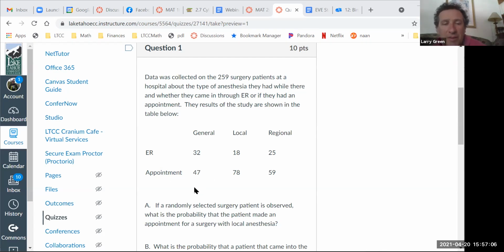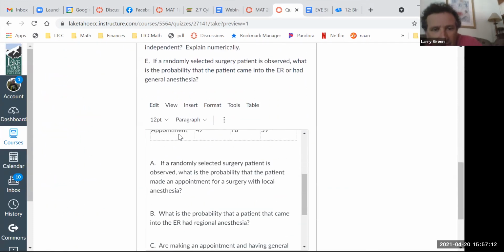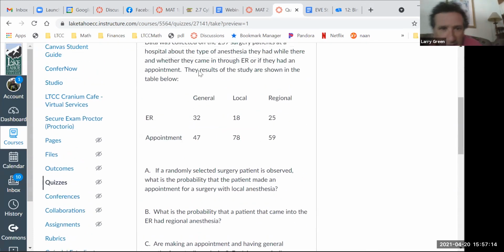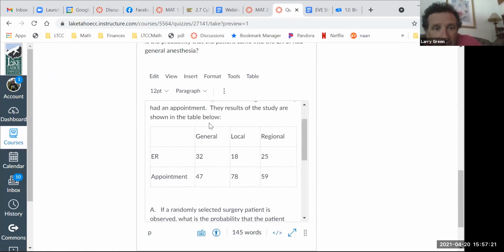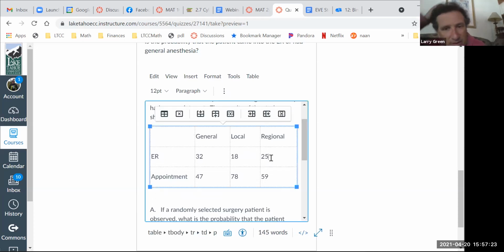So one thing you might want to do right away is come up with the totals. So let's do that. I'll call it T for total.